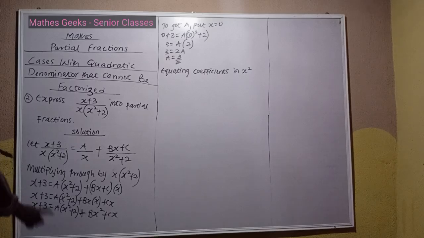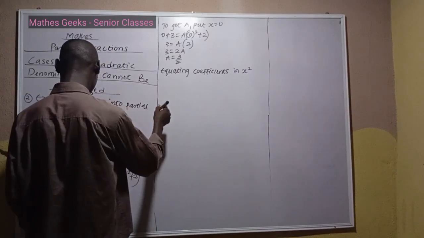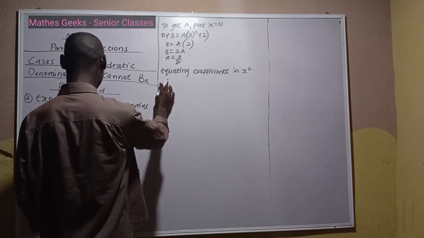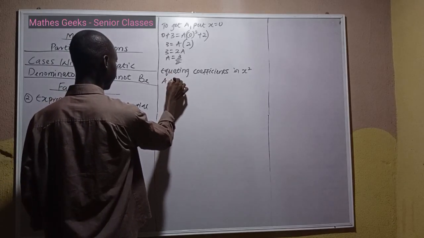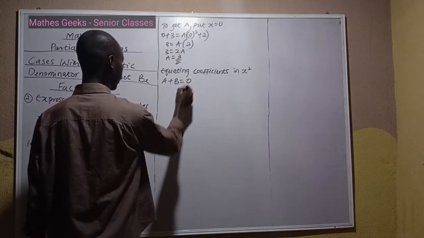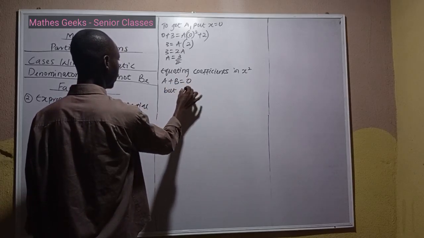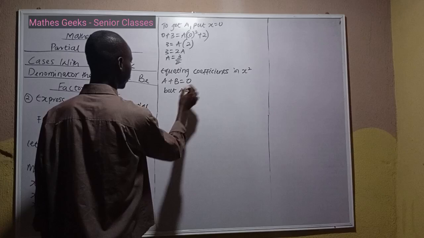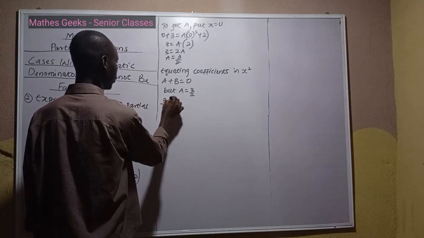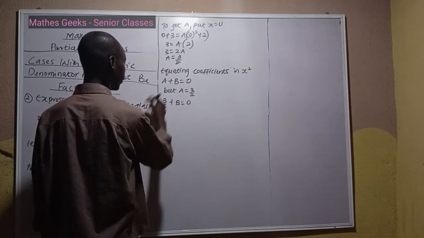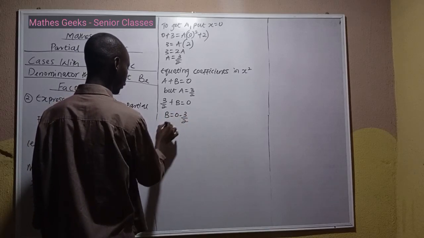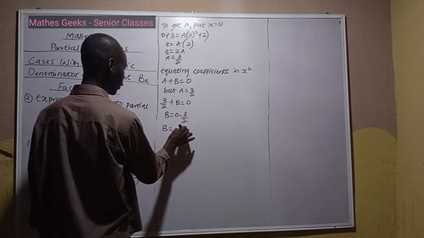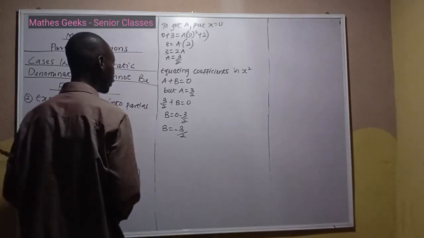So the coefficient in x squared on this side is 0. So e plus b is equal to 0. We know e is equal to 3 over 2. So 3 over 2 plus b is equal to 0. So we collect like terms, b is equal to 0 minus 3 over 2, and b is equal to minus 3 over 2. So that's the value of b.